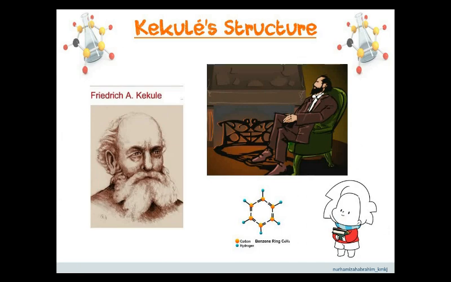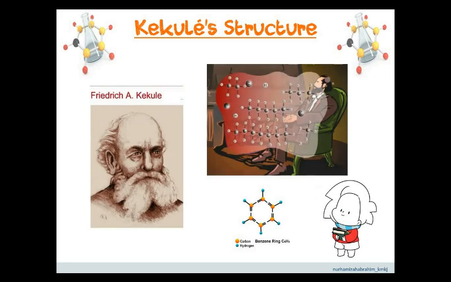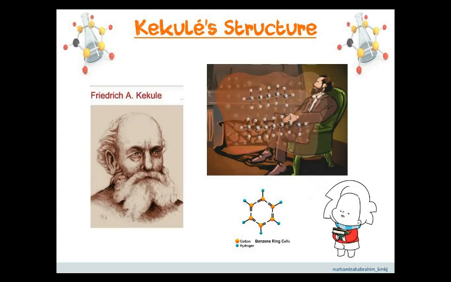Friedrich Kekule, a German chemist living in the 19th century, was trying hard to understand the structure of the benzene molecule. One day, when he was sitting by the fire and pondering the problem, he dozed off, and he had a dream. He dreamt about atoms and molecules dancing and twining in front of his eyes.